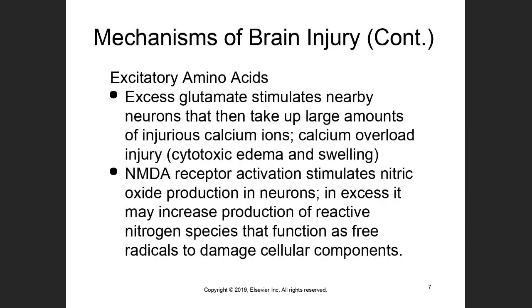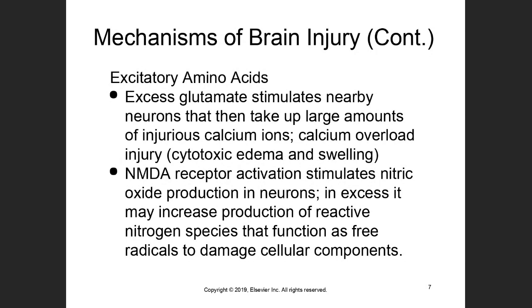Excessive glutamate stimulates neurons that then take up large amounts of calcium, causing overload injury. NMDA receptor activation stimulates nitric oxide production in neurons.